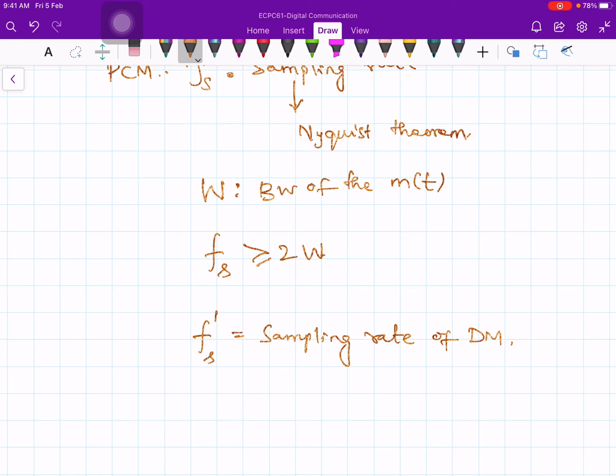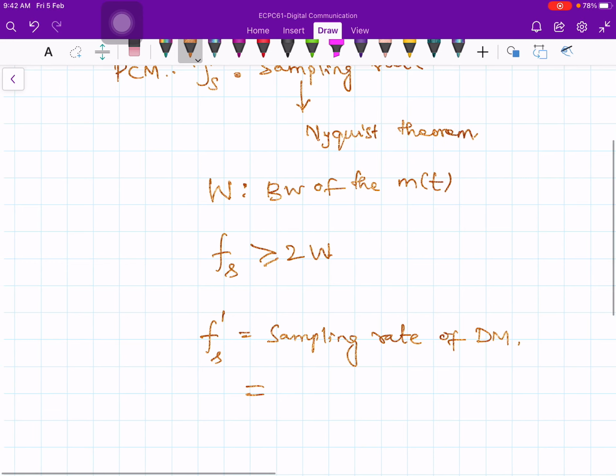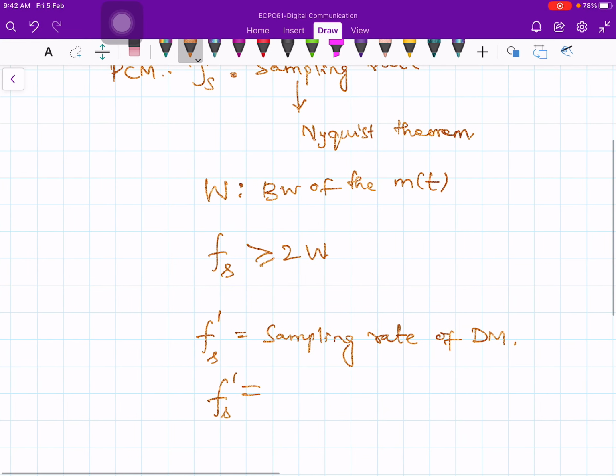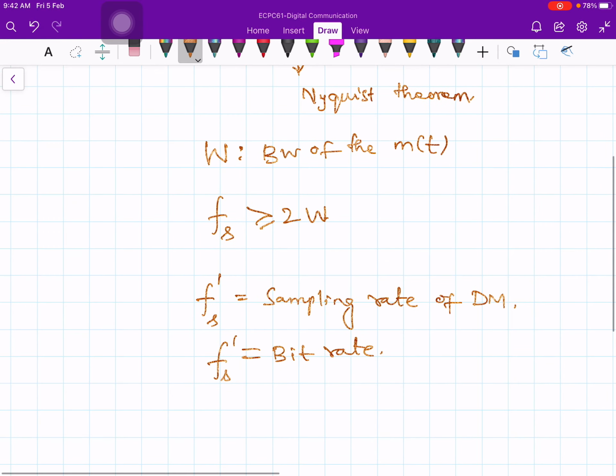This sampling rate is the same as the bit rate in delta modulation, but not in pulse code modulation, because bit rate and sampling rate are the same in delta modulator. For each sample, you are transmitting only one bit in delta modulation.